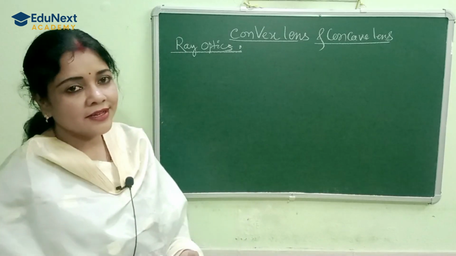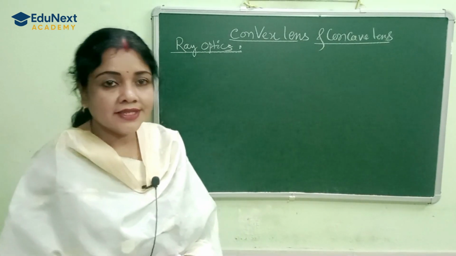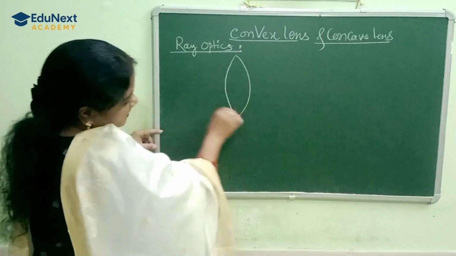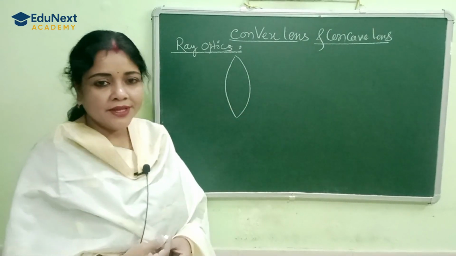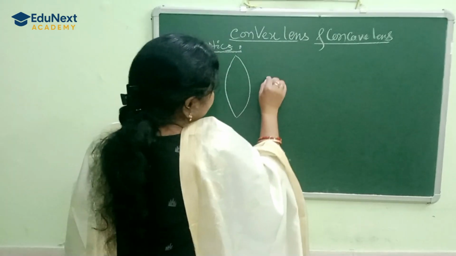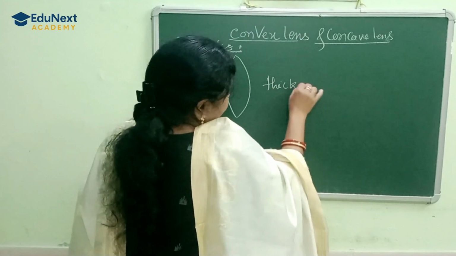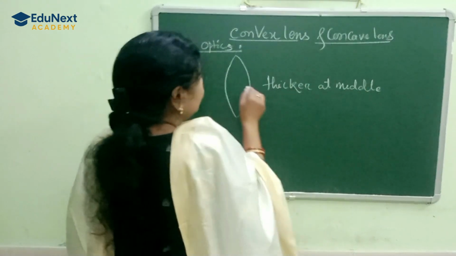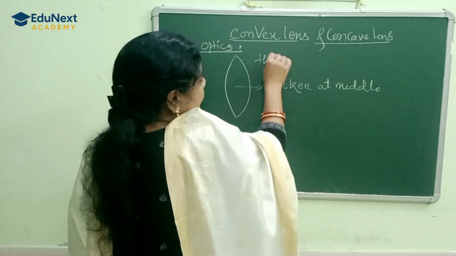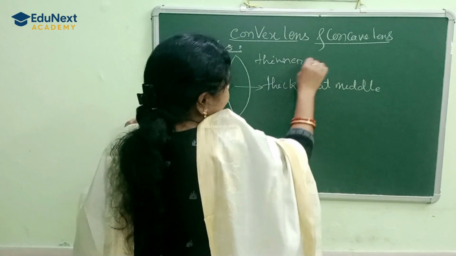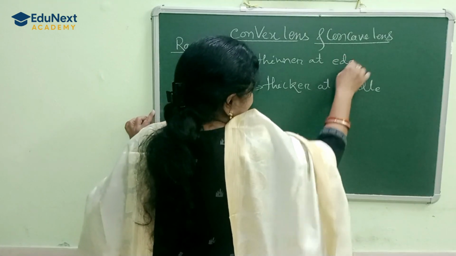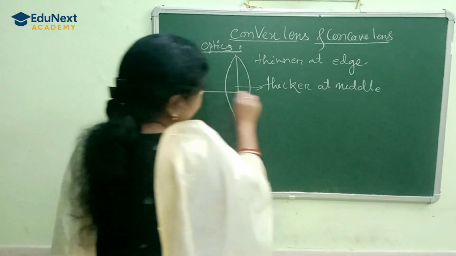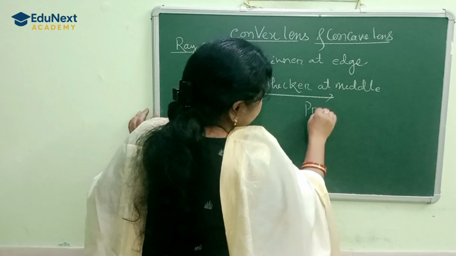So let us understand what a convex lens is first. A convex lens looks like this, thicker at the middle, and thinner at the edge, right?